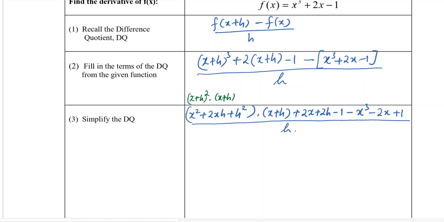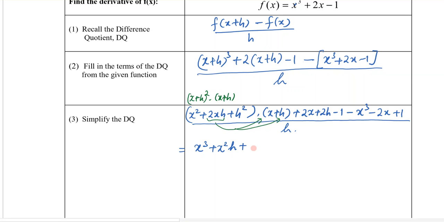So in the next step, we can expand this. We're going to first multiply x squared with every term in the second bracket. So x squared times x gives you x cubed. x squared times h gives you x squared h, plus similarly you can multiply this 2xh with every term inside the second bracket.